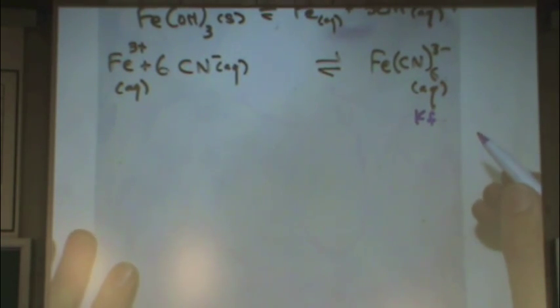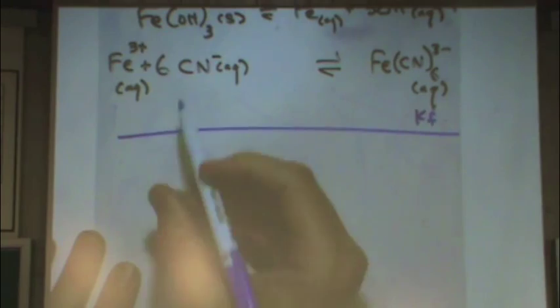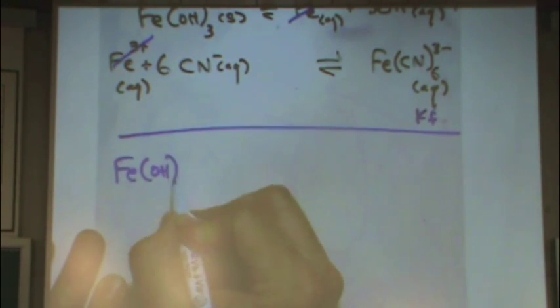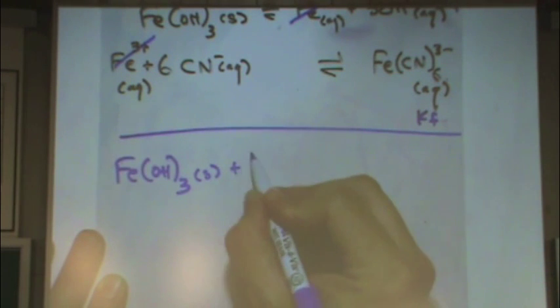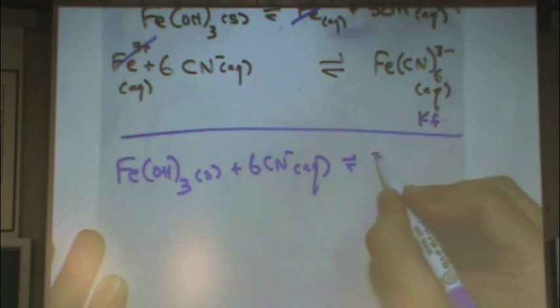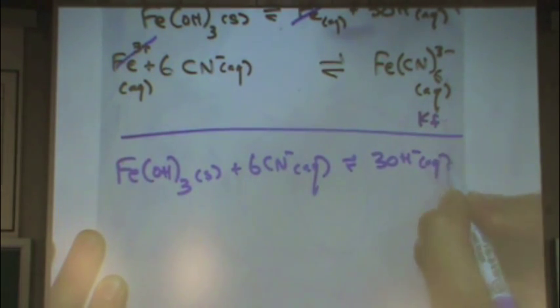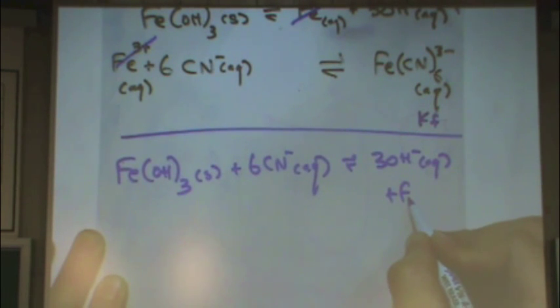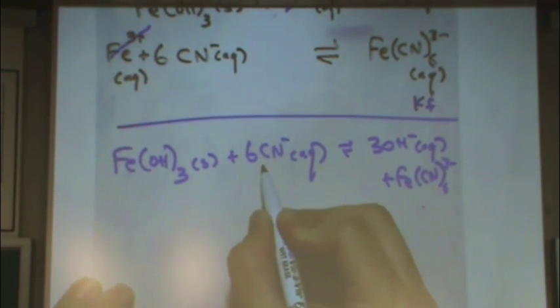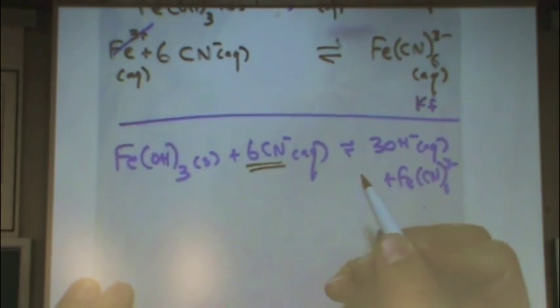Okay. So what you would do in this question, I'll just kind of set it up for you. These irons cancel, and you'd add these two reactions. You'd add those two reactions right there. And typically what would be given is this number right there.